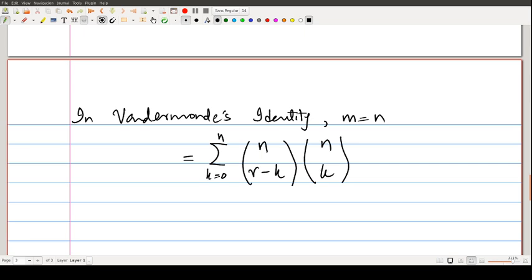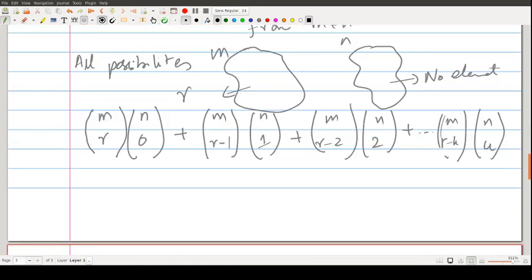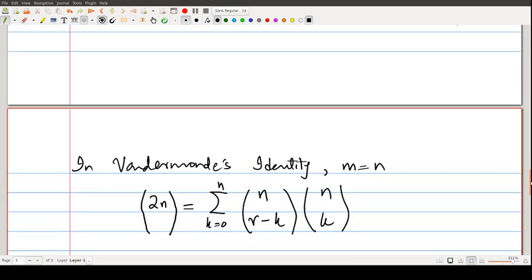And on the left hand side you get, this is m plus n, so this is 2 times n, right? The left hand side was m plus n. I've chosen m to be equal to n, so this will be 2n, and let's also choose r to be equal to n as well, right?